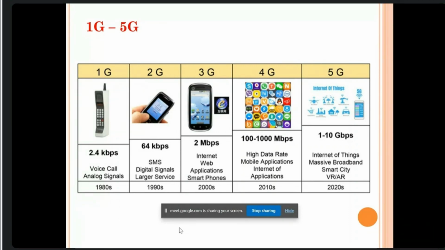So this one shows some mobile development from 1G, that is the first generation, to second, third, and up to 5G. In the first generation we used a very low data rate. The reason is I already asked one question: why do we have to go for higher frequencies?